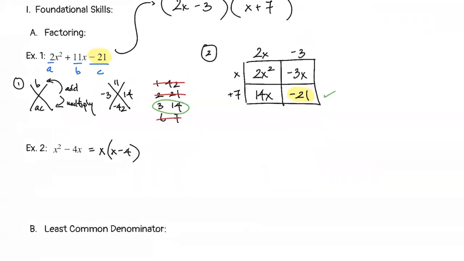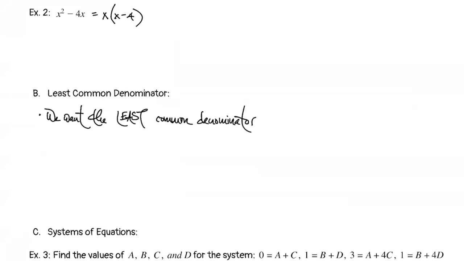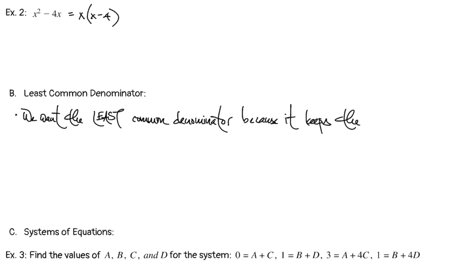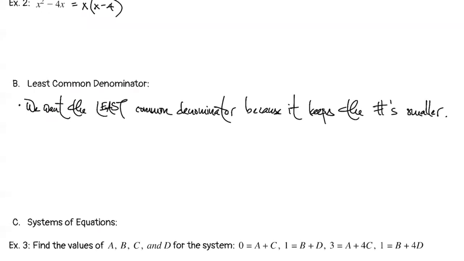All right, so we've done a little factoring review. Let's talk a little bit about this least common denominator, okay? So we want the least common denominator because it keeps the numbers smaller.